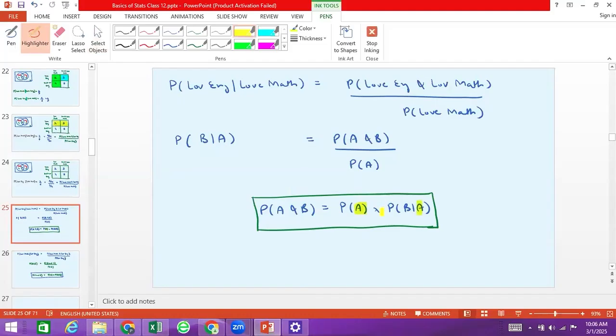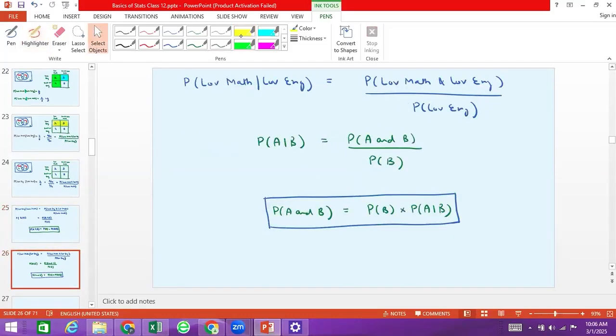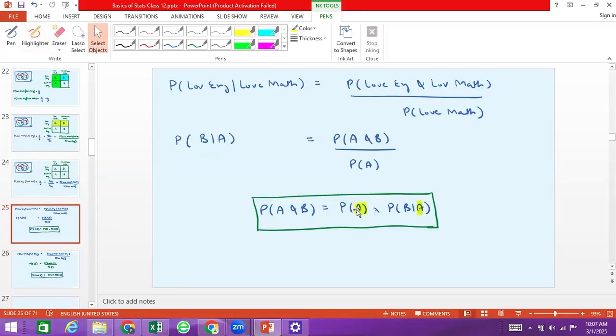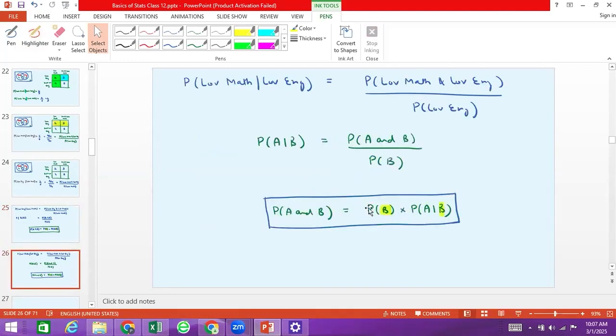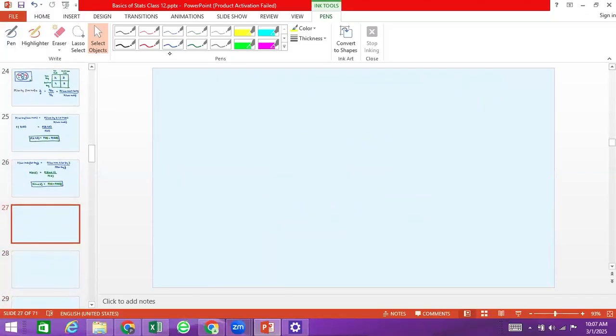So the B is sandwiched between A. Similarly here, it is starting with B, so it will end with B. So both A on the outside, B in the middle, or B on the outside, A in the middle. Any way you want to remember it.